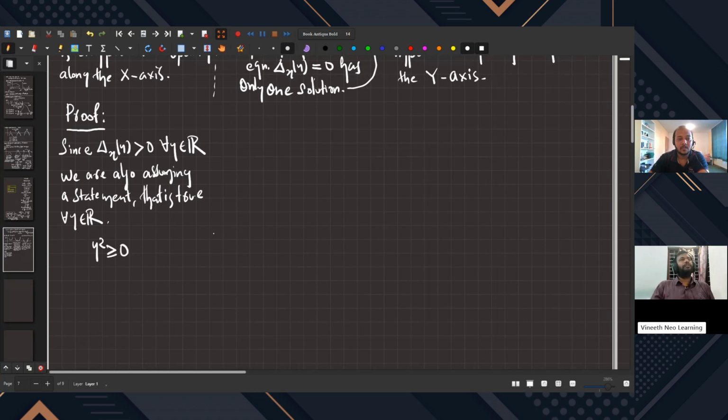This is true for all y. Since y is an element of R, its square will always be a positive number.